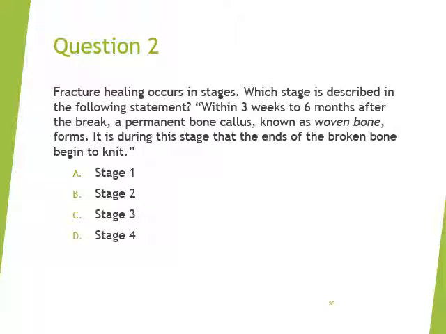So the answer is D, stage 4. A bone begins to heal as soon as an injury occurs. New bone tissue is formed to repair the fracture, resulting in a sturdy union between the broken ends of the bone. Healing occurs in the following 5 stages.